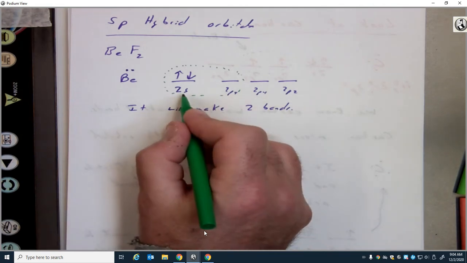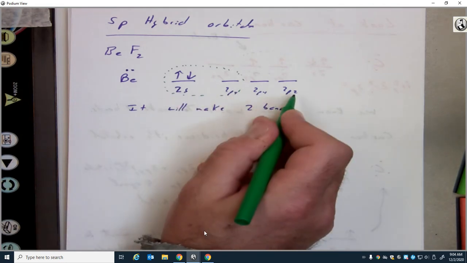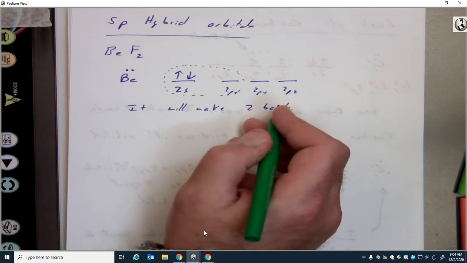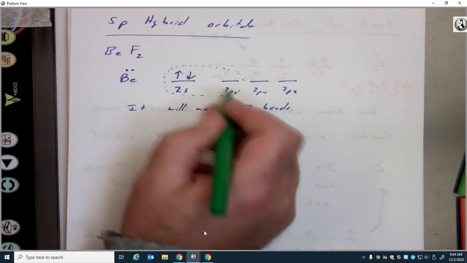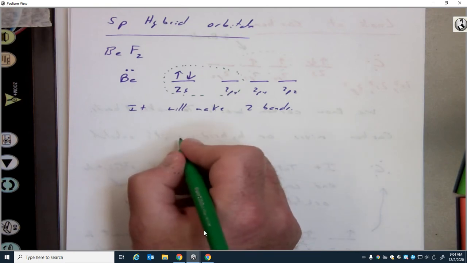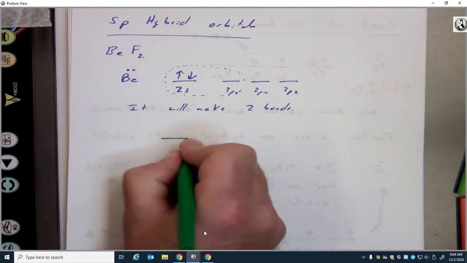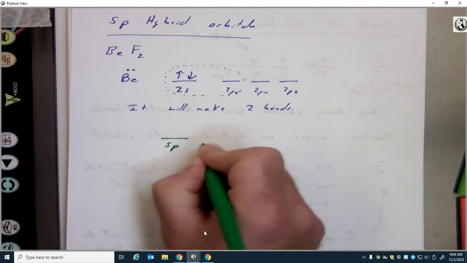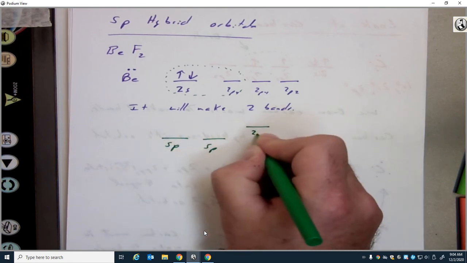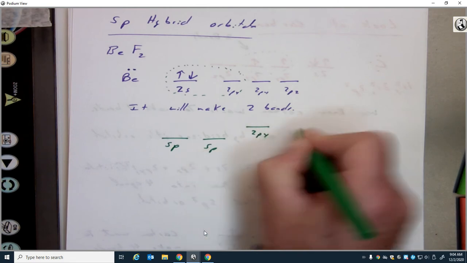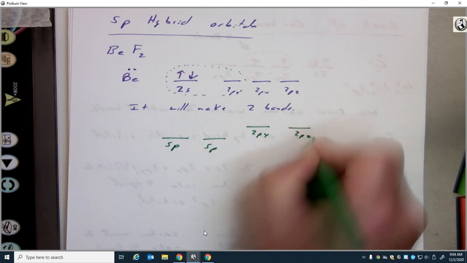So instead of having a 2s, a 2px, a 2py, and a 2pz, the s and the p orbital mix, and we get something called an sp, an sp, and then we still have 2py and 2pz up here.